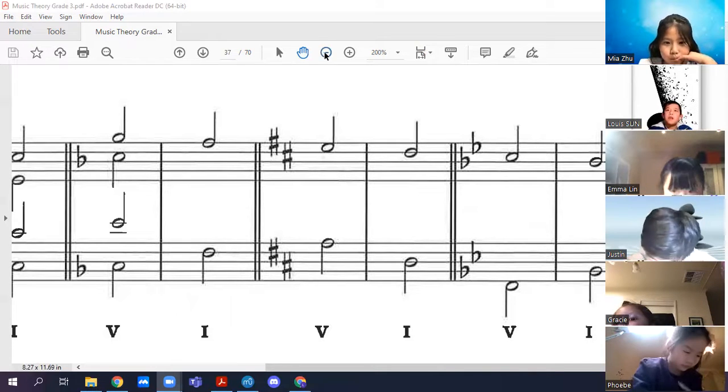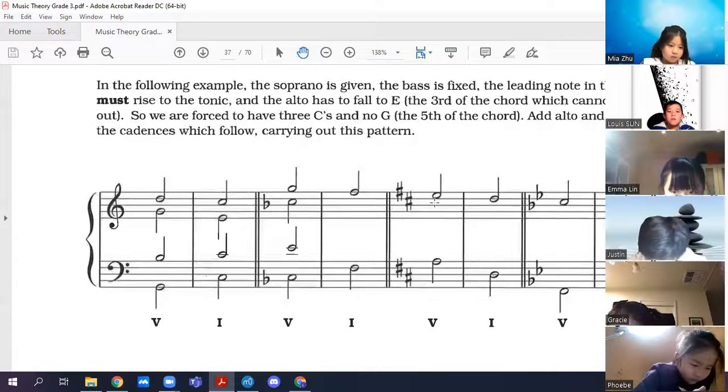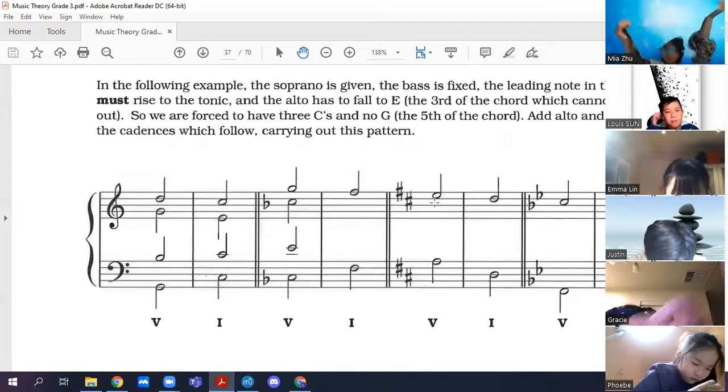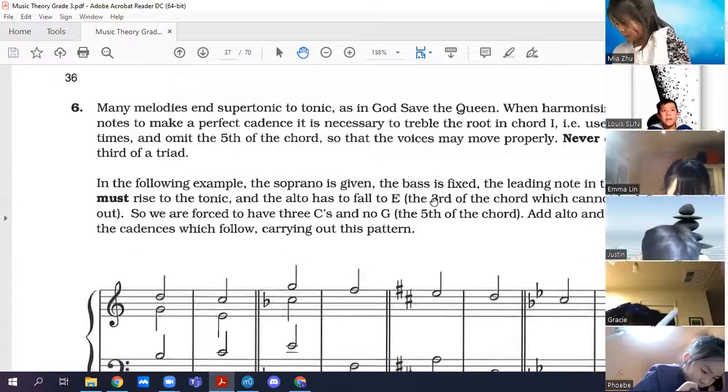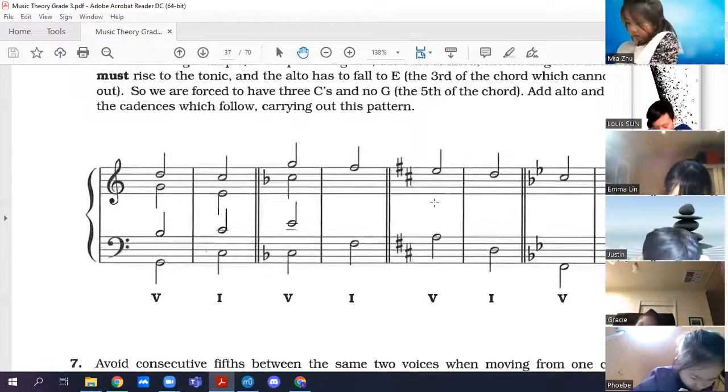Mia, do you have the textbook? Yes. Okay. So it's on page 36, question 6.